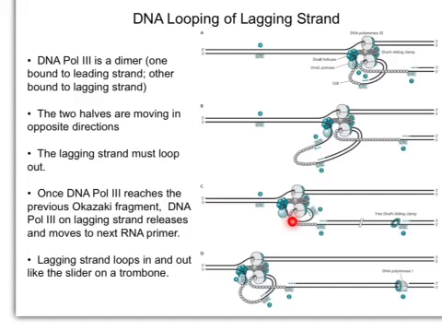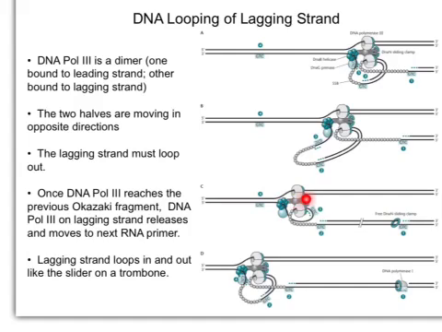Then that will continue to synthesize with the DNA that's being made looping out until it comes to the end of the second Okazaki fragment. Then the fourth primer will bind to the DNA after it releases the DNA it's just made, and this continues in a stepwise fashion. In the meantime, there is a free sliding clamp that stays with the DNA when it's released.